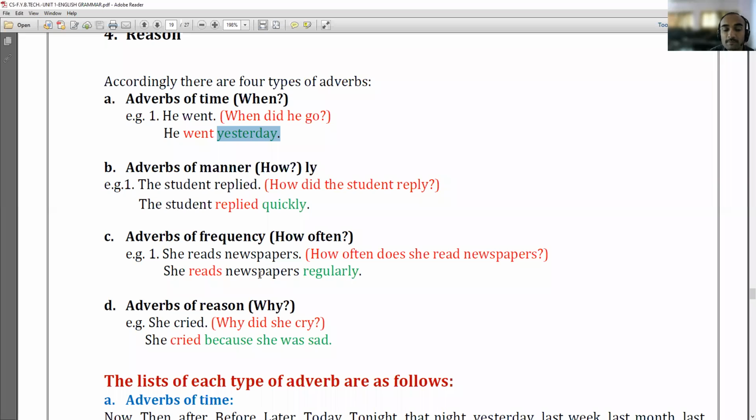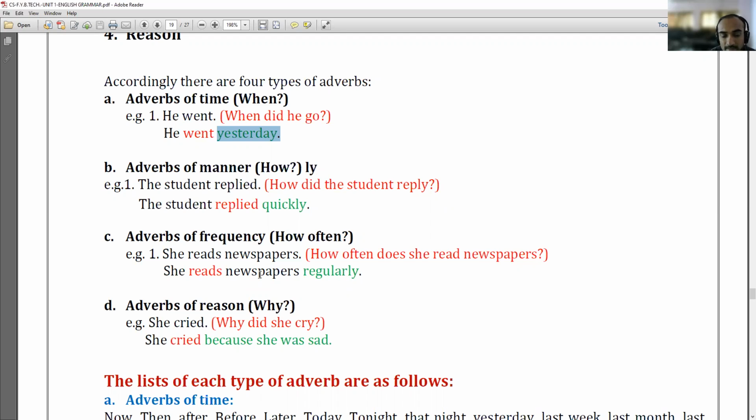She reads newspaper daily किंवा regularly. डेलीच्या ऐवजी रेग्युलरली सुद्धा घेऊ शकतो. दररोज वाचते. Okay. How often तर दररोज. Then She reads newspaper regularly. ती दररोज वर्तमानपत्र वाचते.